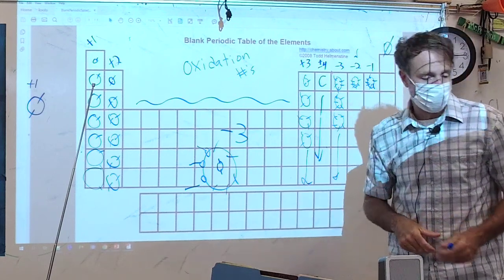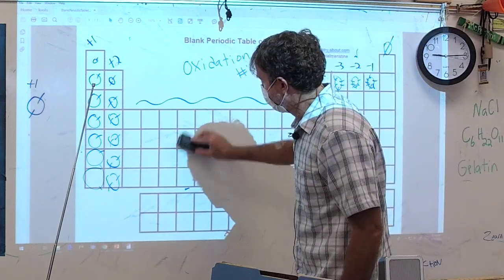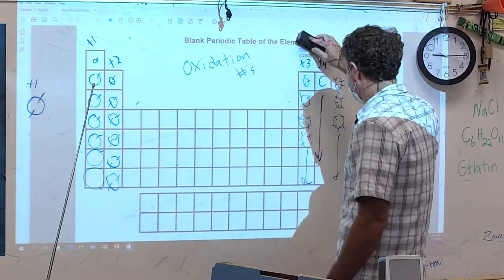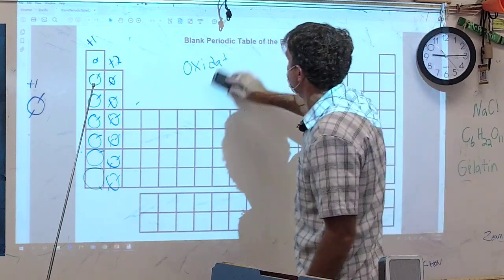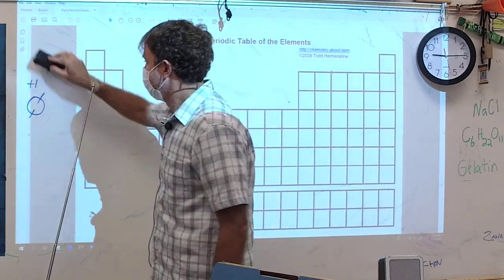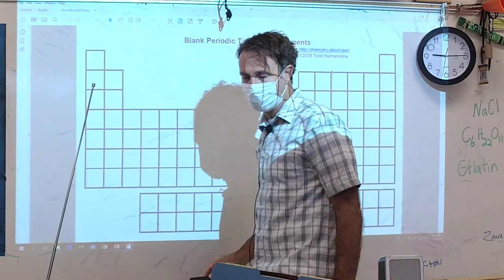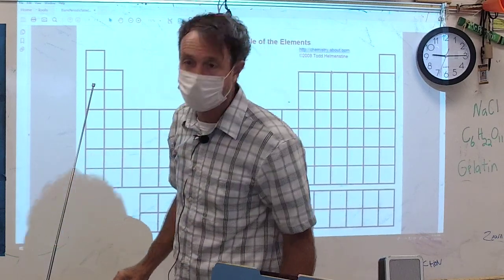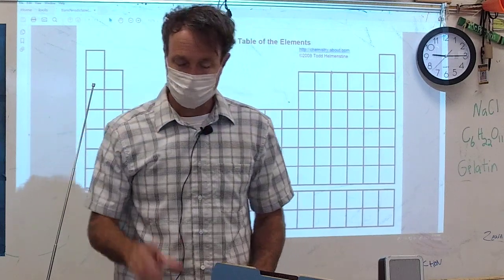So now that we've done all this, we know what oxidation numbers are, and now we can do some simple formula writing. We can now, for the first time in chemistry, write some chemical formulas. We're going to do that in the next video.